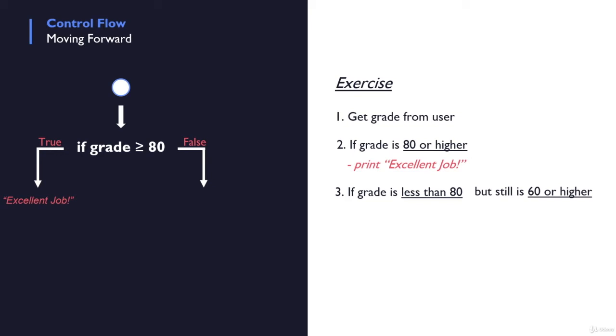It makes sense. And we want to know if that's the case. So we know that at this point the grade is definitely less than 80, but now it can be in the range between 60 to 80 or less than 60, and that's exactly what we want to find out. And we want two different messages printed for these two options.